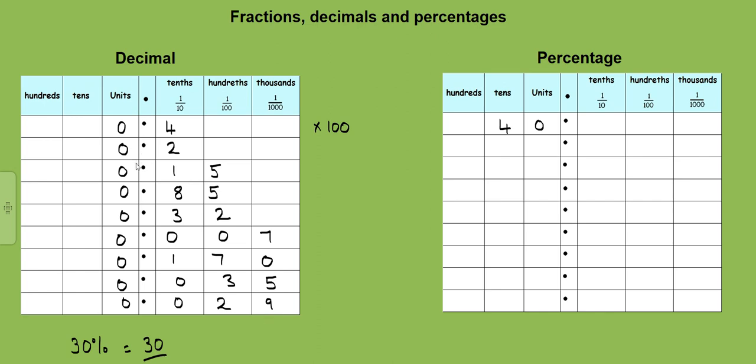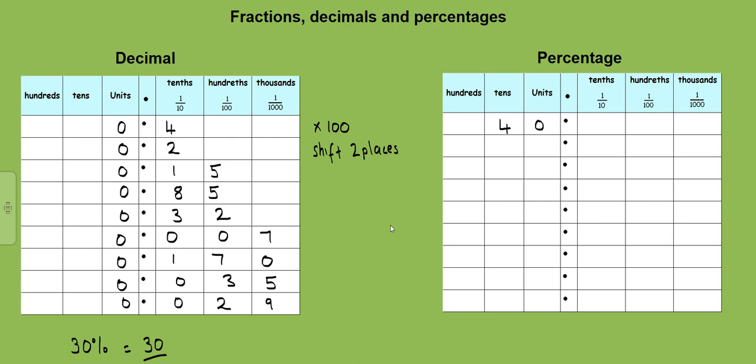Okay, so the same rule is going to apply all the time. We're multiplying by 100, so it's going to be a shift of 2 places, and of course the direction of that shift is very important.